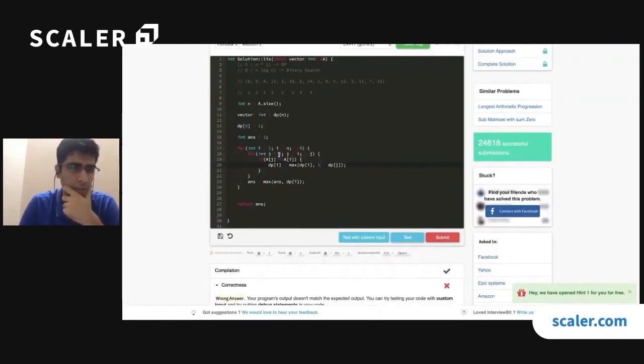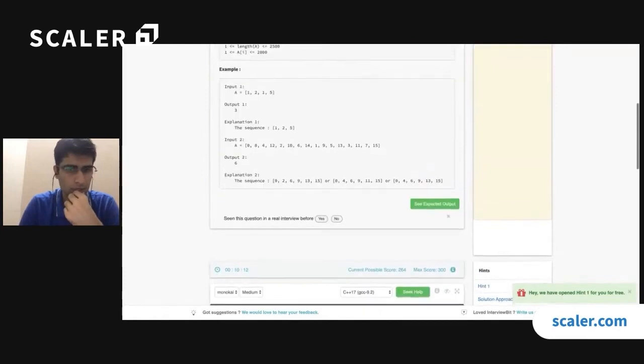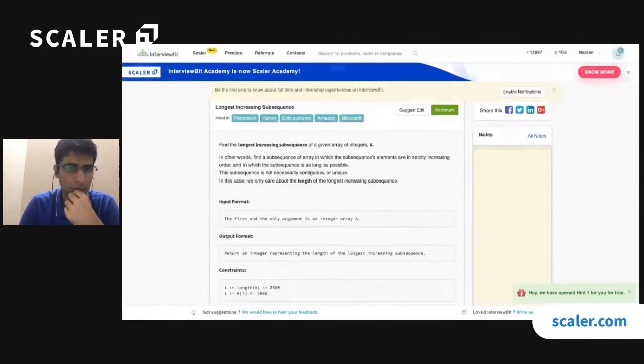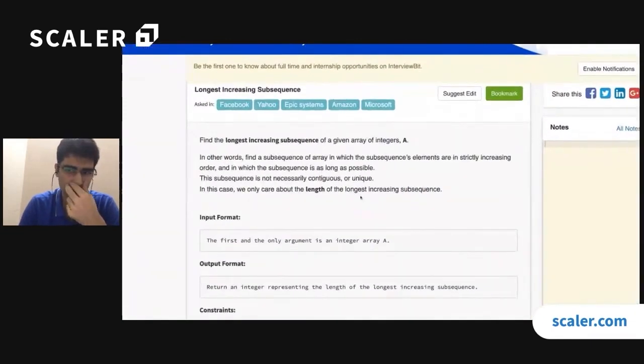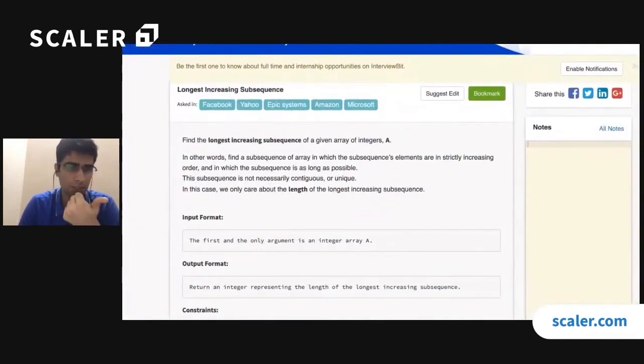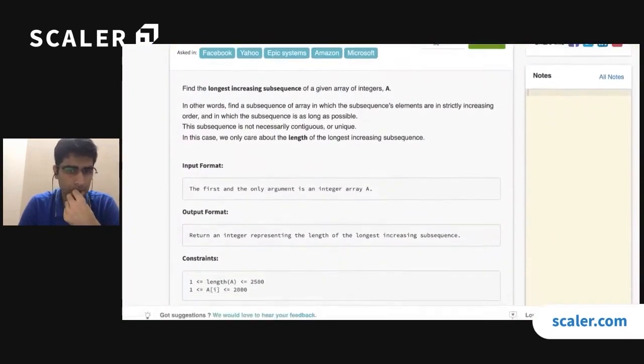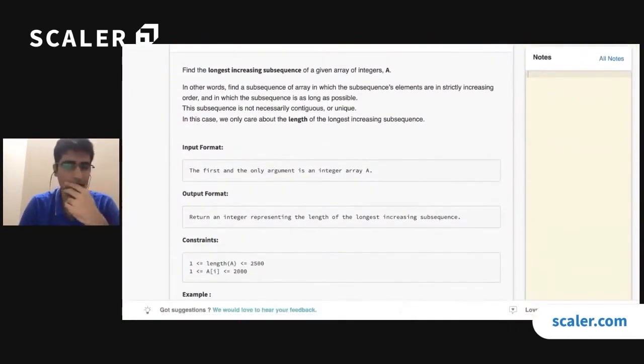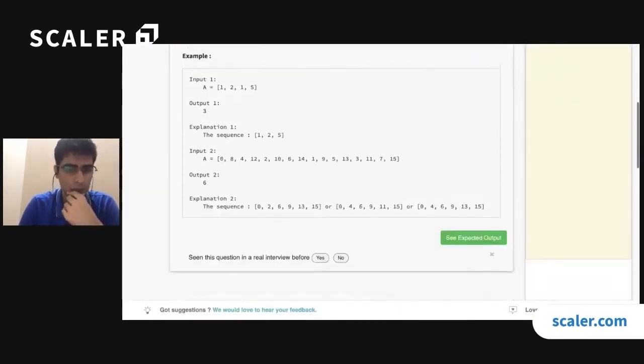For int j equals 0, j less than i, max of dp[i], comma, 1 plus dp[j]. That is also fine. Is it less than or is it less than or equal to? Because it says find a subsequence of the array in which the subsequence elements are in strictly increasing order. So that means the elements are always increasing; equal to is not allowed.